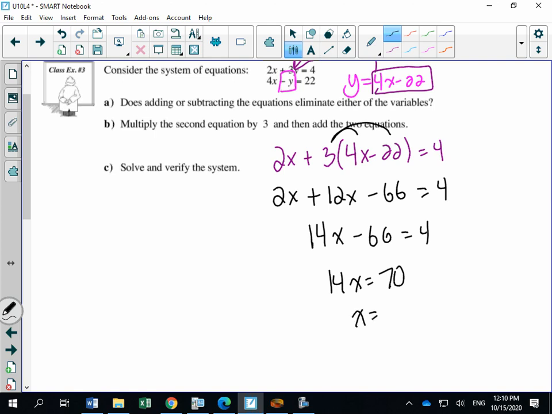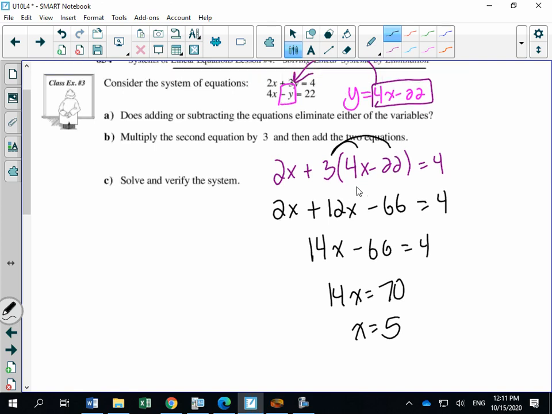And how many times does 14 go into 70? Check on your calculator. So 70 divided by 14, 5. Okay, we just solved x using substitution. Now, to get y, where would I plug this 5 into? This guy right here, right? It's got y ready for us.